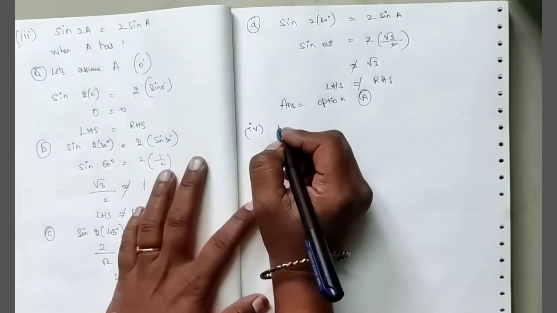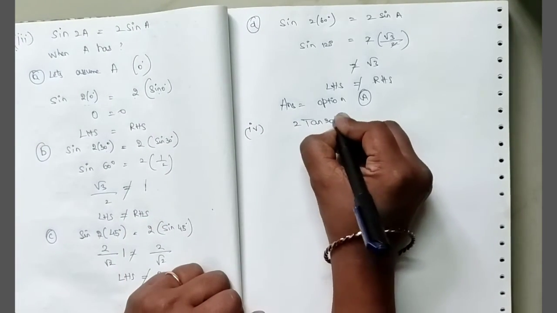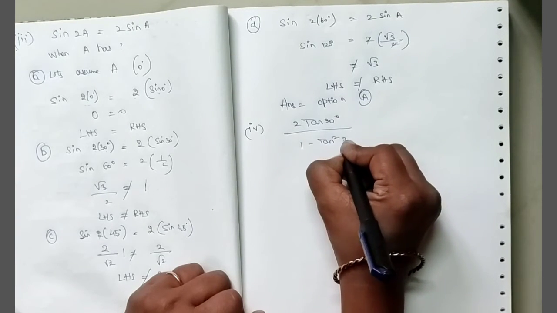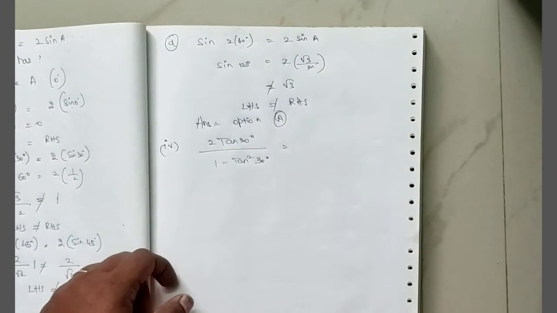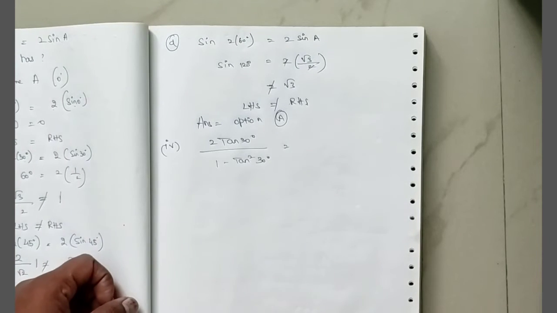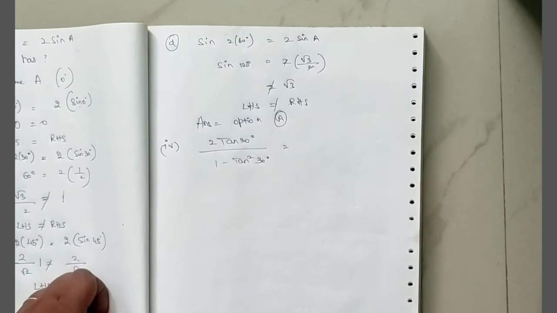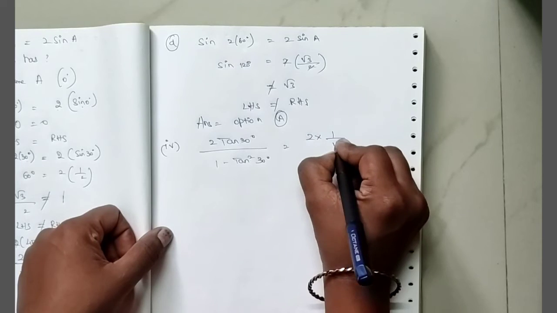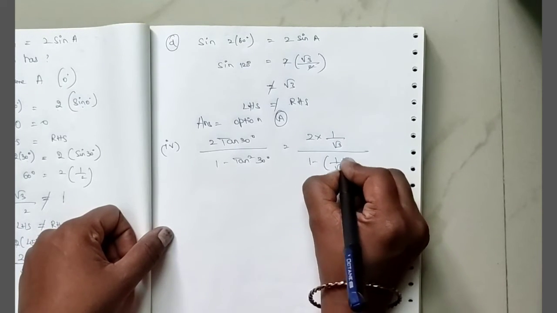What is asked? 2 tan 30 divided by 1 minus tan square 30 equals. Tan 30 is sine by cos. Sine 30 is 1 by 2 and cos 30 is root 3 by 2. So 1 by 2 into 2 by root 3, which is 1 by root 3. Okay. 2 into 1 by root 3, divided by 1 minus 1 by root 3 square.